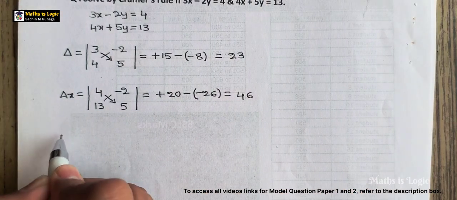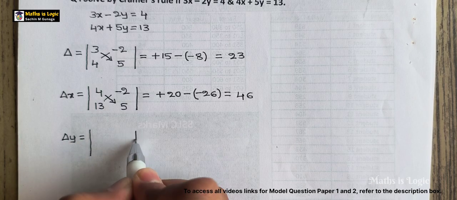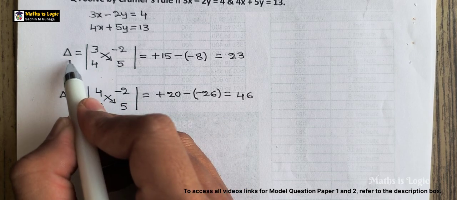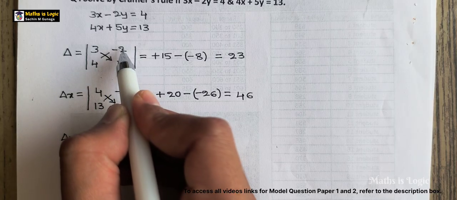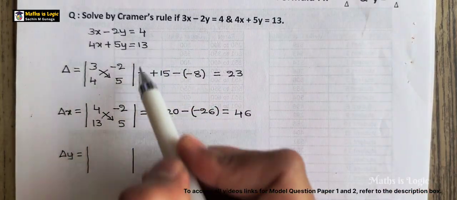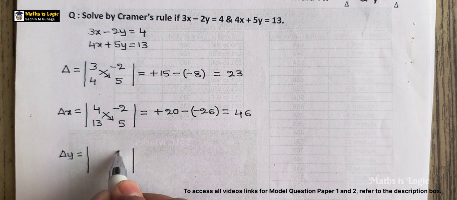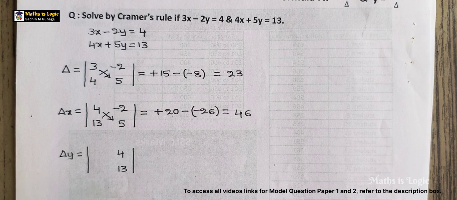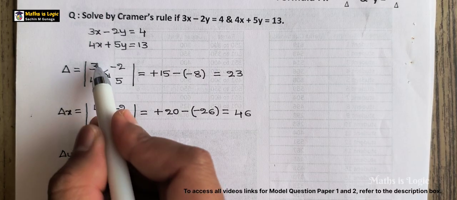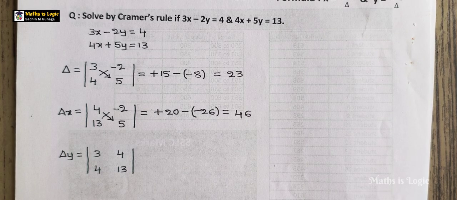Next, find the delta y value. For delta y, again in delta, we replace the second column by these two constant terms. Instead of writing minus 2 and 5, write here 4, 13. Next, in delta keep the first column as it is, 3 and 4. Next, apply the second order determinant rule.